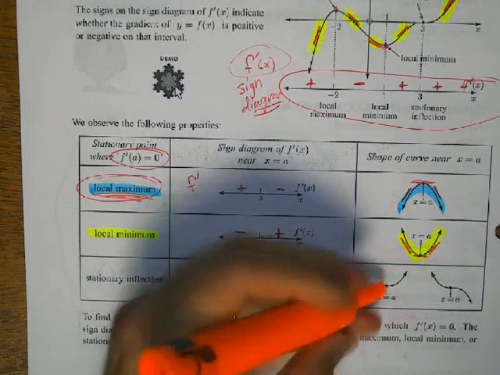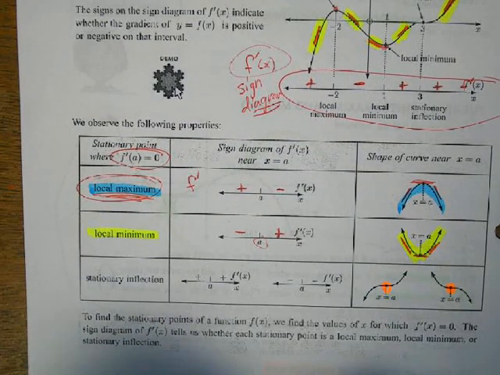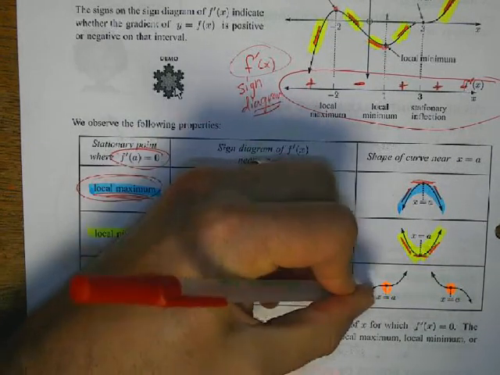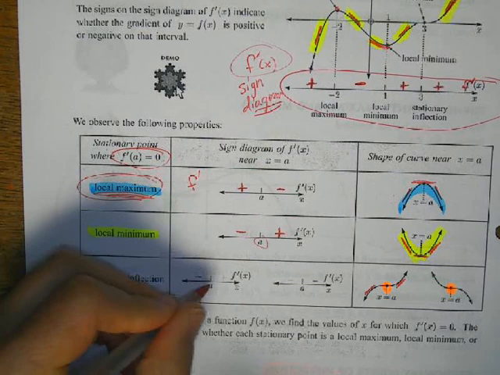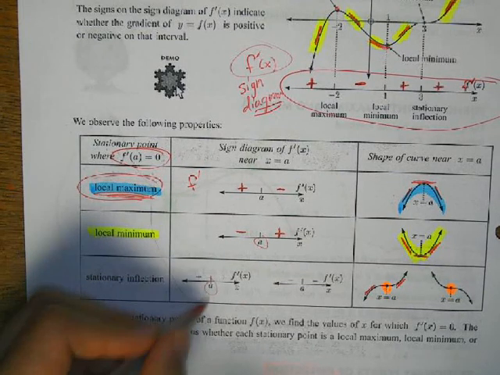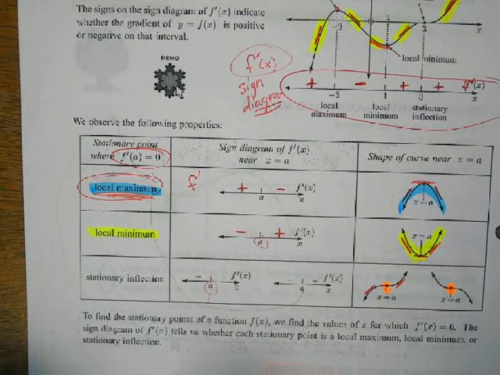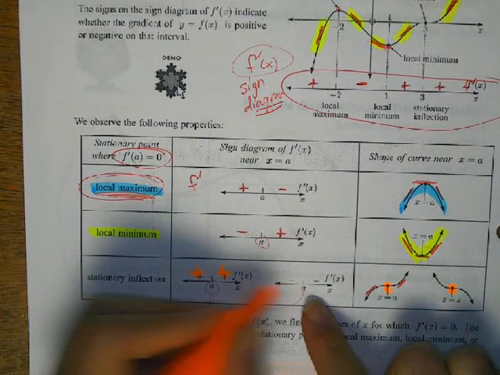Here are two examples of inflection points where the slope is positive here and positive here. Once again, we have the first derivative is 0, but we've got positive and positive, or we've got negative and negative.